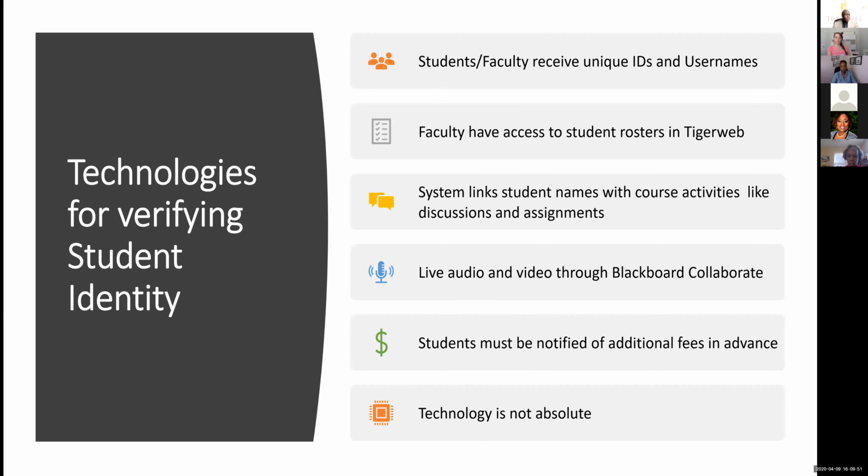So, technologies for verifying students' identity. At registration, students and faculty upon employment receive unique IDs and usernames. And faculty have access to student rosters in Tiger Web. The Student Information Management System links students' names to various course activities in Blackboard.